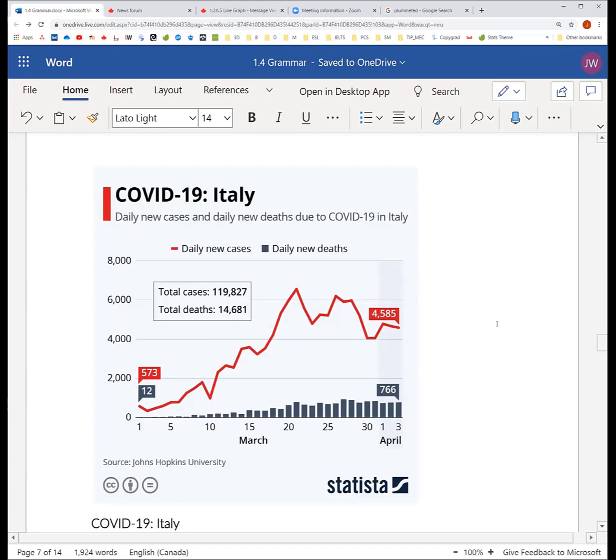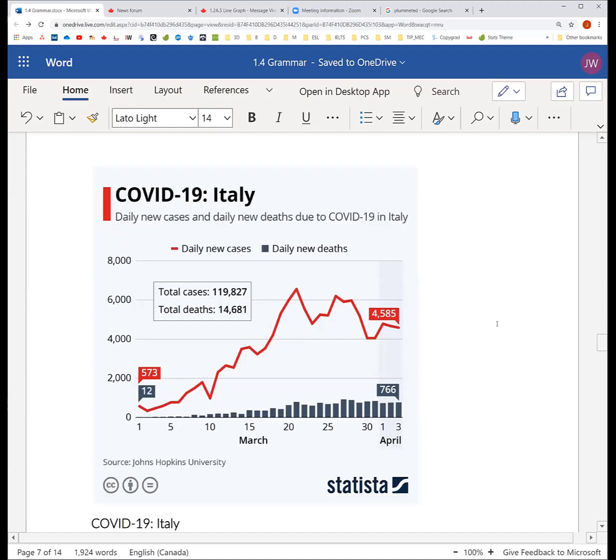Then it dropped from 7,000 cases to 5,000 in 25th of March. Then the graph rose.